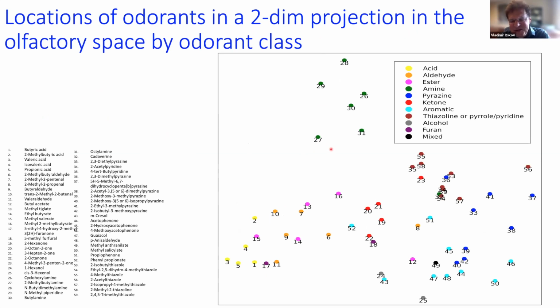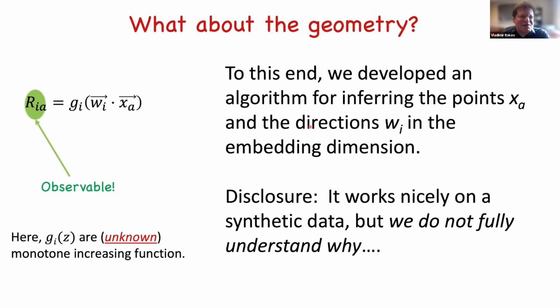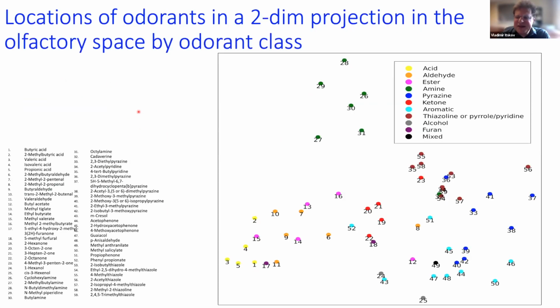So what you see here is the following analysis. We took this stimulus response matrix, then we used our method to unravel this formula to obtain the positions of this x_A, and then we separated them by chemical class. So here you see yellow is acids, orange is aldehydes.